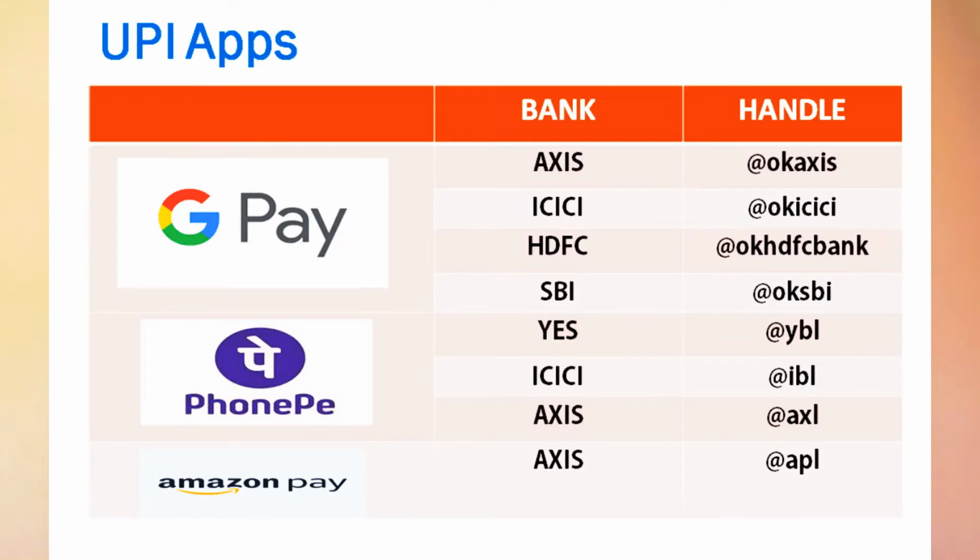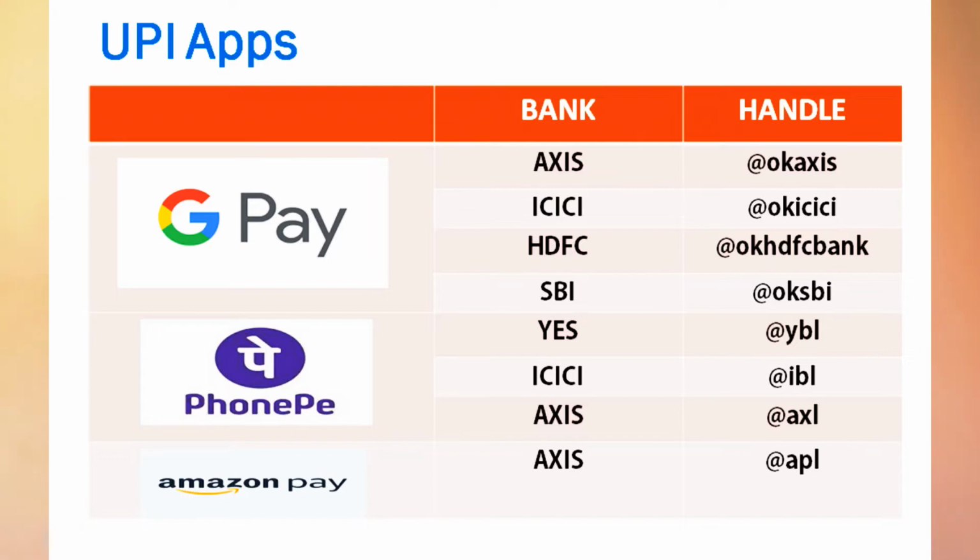If you consider the payer PSP, these are apps you must have heard of and used, right? You can install the app and create your own UPI handle. If you see this chart, you must have Axis, ICICI in your app. These apps require some bank to do the transaction.